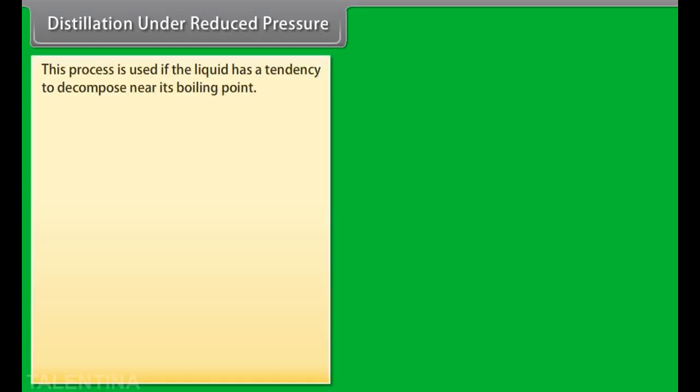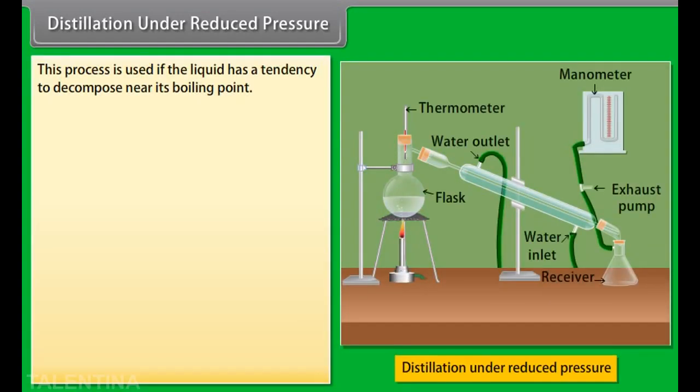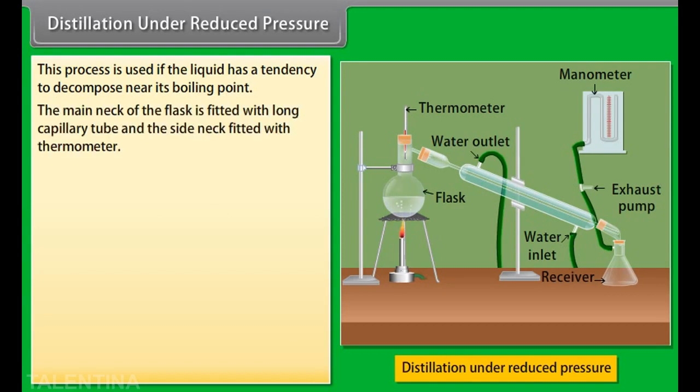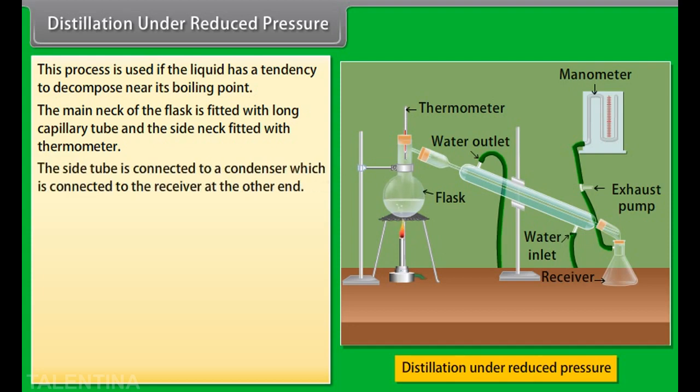Distillation under reduced pressure. This process is used if the liquid has a tendency to decompose near its boiling point. The main neck of the flask is fitted with a long capillary tube and the side neck fitted with a thermometer. The side tube is connected to a condenser which is connected to the receiver at the other end.